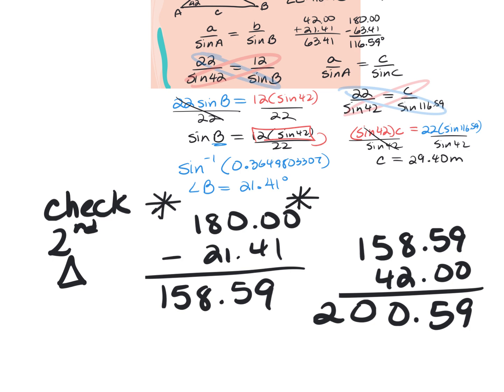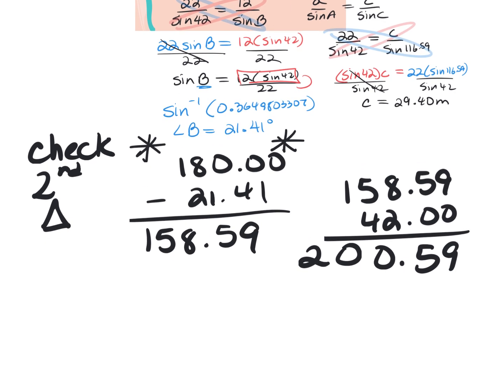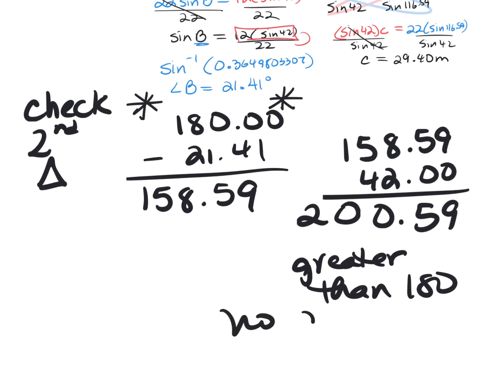How much do the three angles of a triangle add up to be? 180. Because this number is greater than 180, there is no second triangle. If that sum, once I added it to the original angle, was less than 180, then I have room to make a third angle.